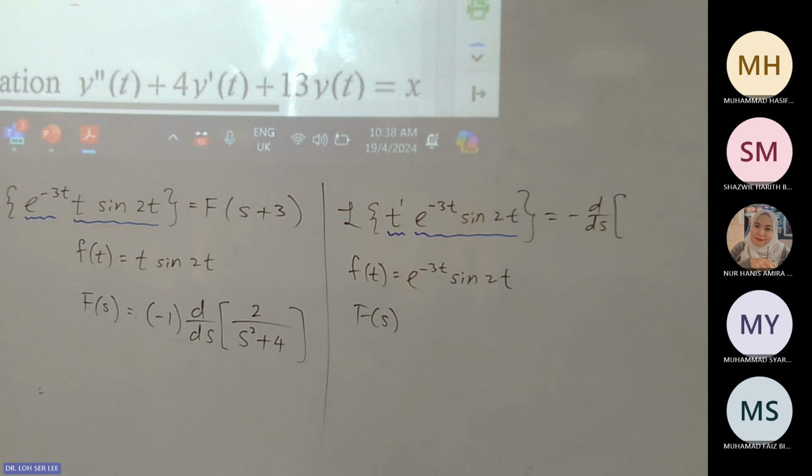Any questions? I just gave you a rough idea of how to solve the product function. The Laplace of a product of three different functions is considered the hard version. It is worth 8 marks.